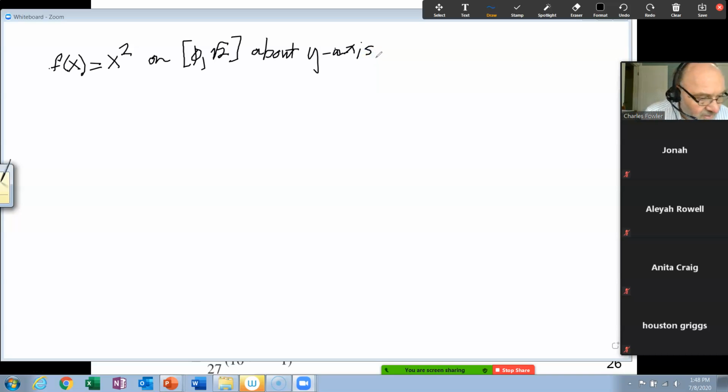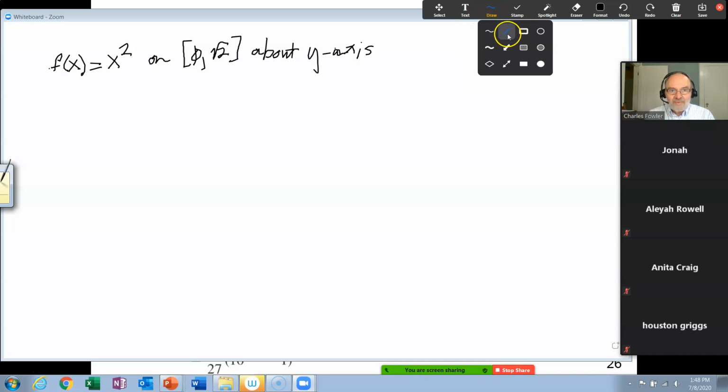Okay, that's ugly writing. Now, picture that parabola. Maybe I should draw it. Actually, what I'll do, doing the parabola, is draw as close as I can to a vertical line and as close as I can to a horizontal line.